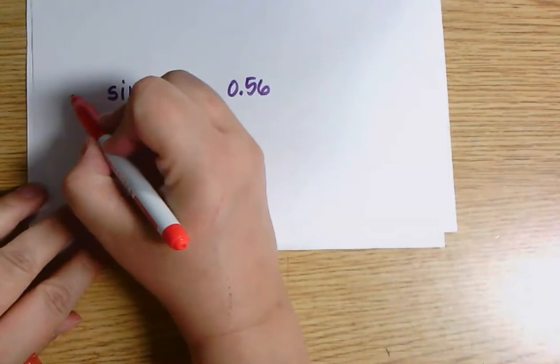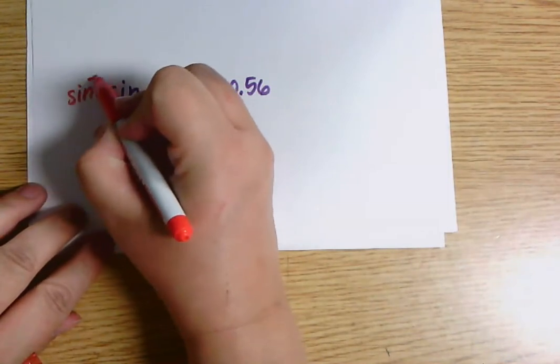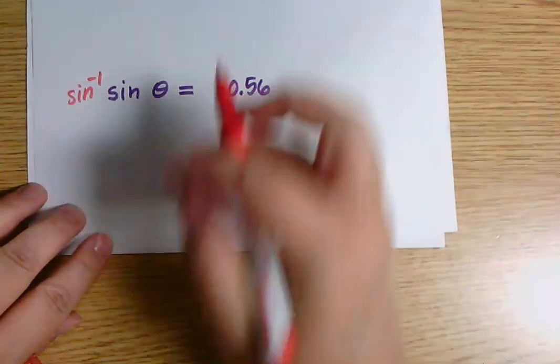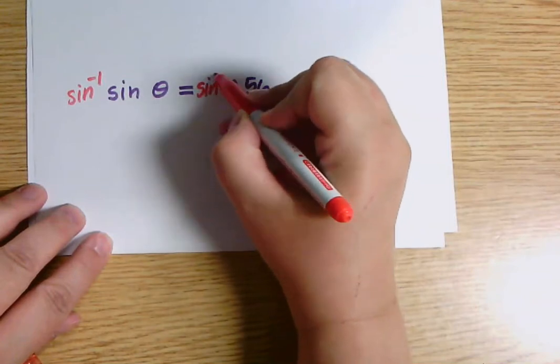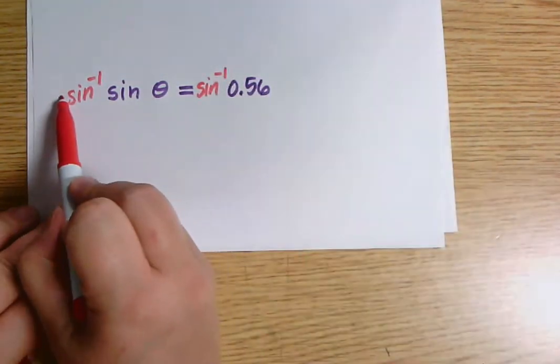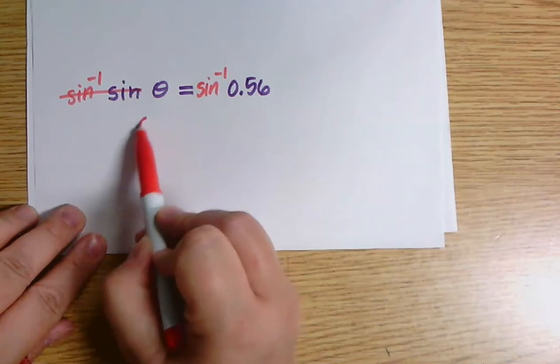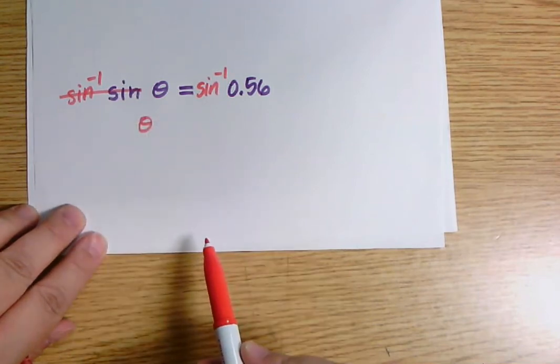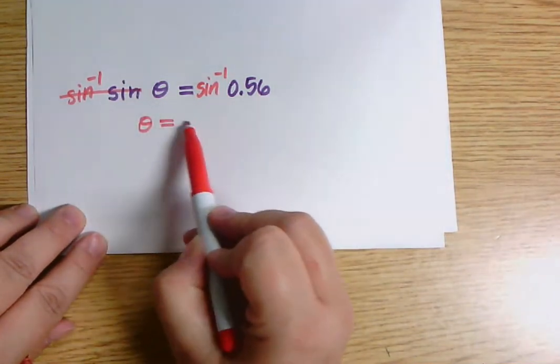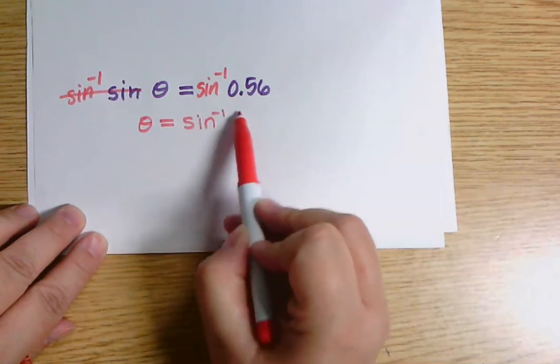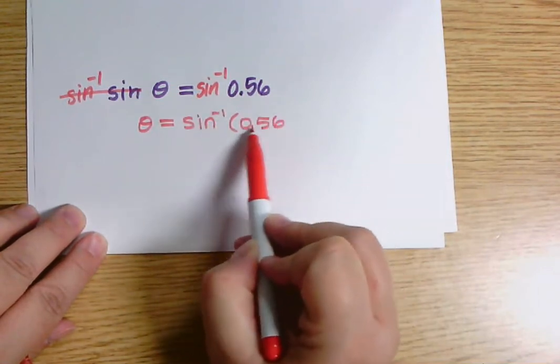So I can take the inverse sine, and that's the notation for inverse sine, of both sides, and it cancels the sine, and then theta is by itself. So over here, I need to do inverse sine of 0.56.